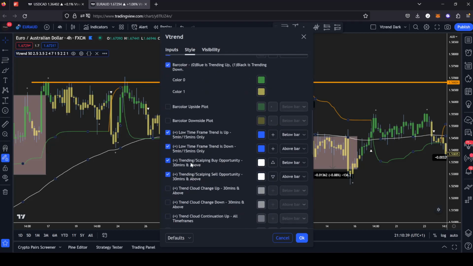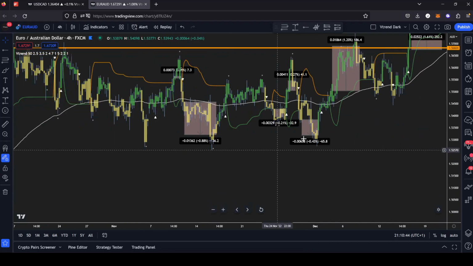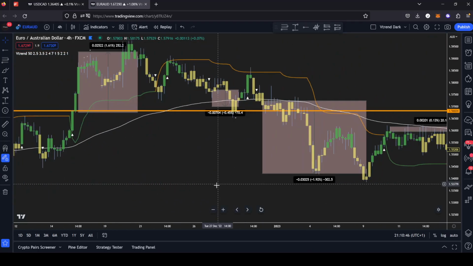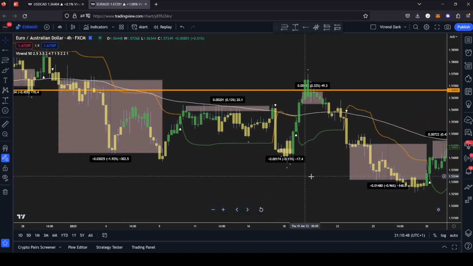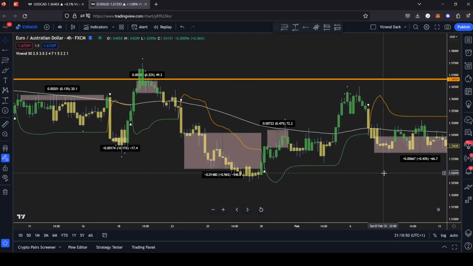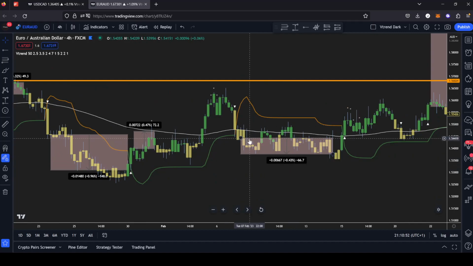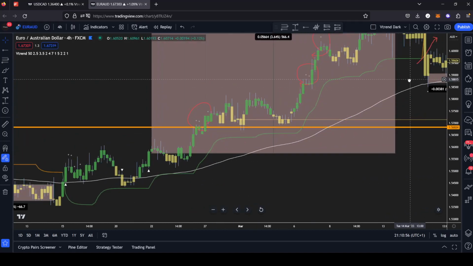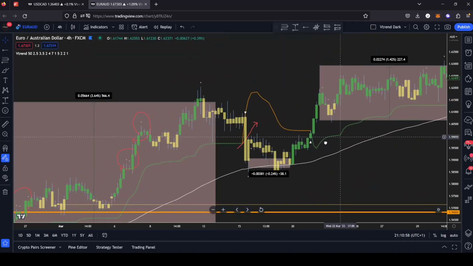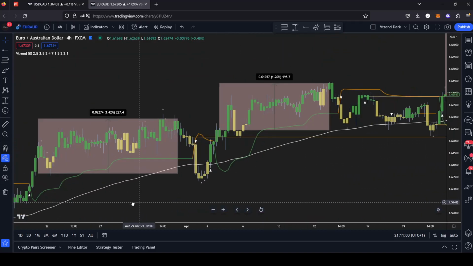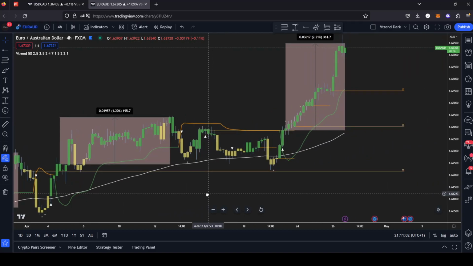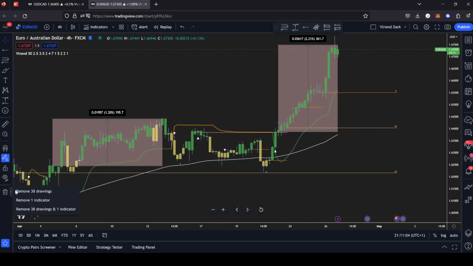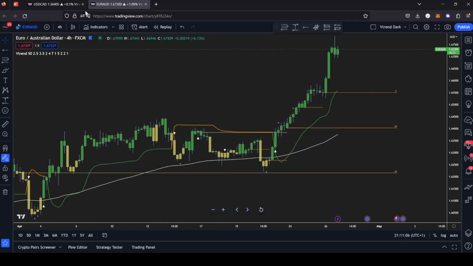And these signals here, that's scalping opportunities. So stacking up some decent wins if you're purely following the signal and the rules in this case. Okay, so that's number one.